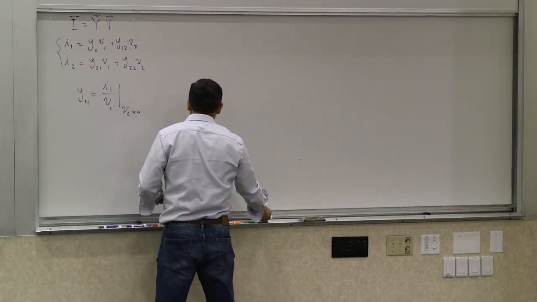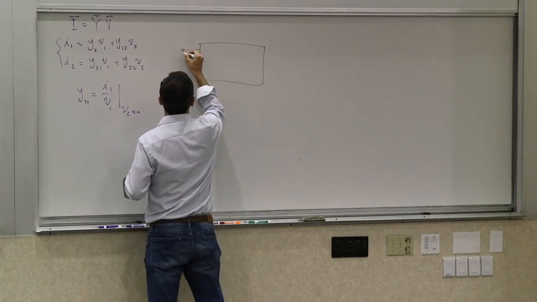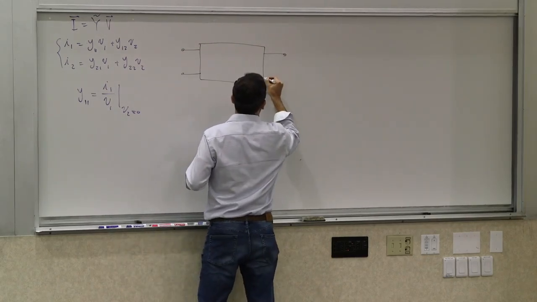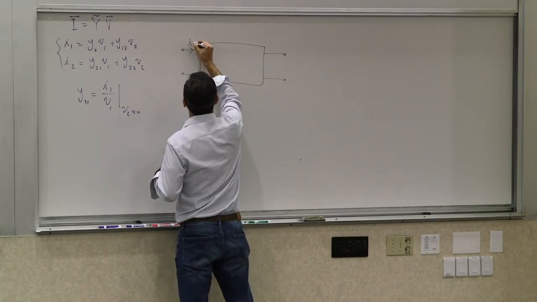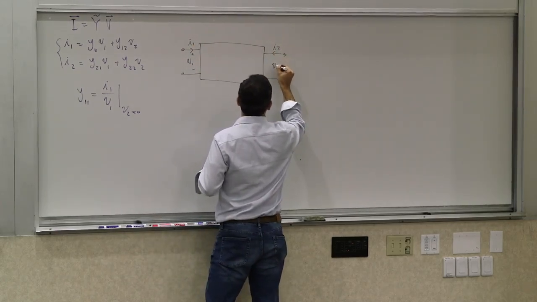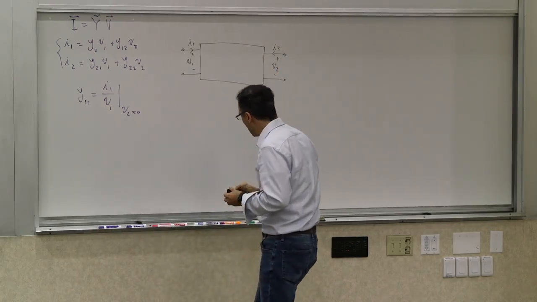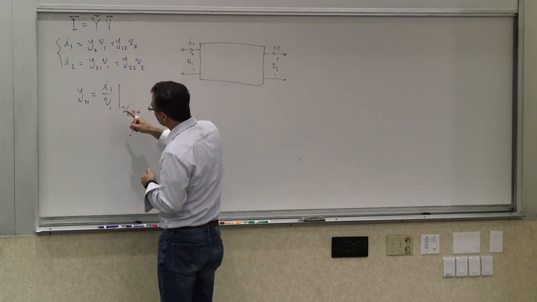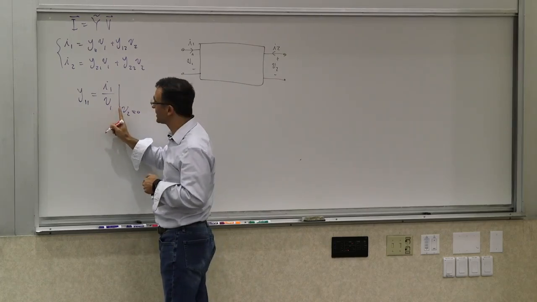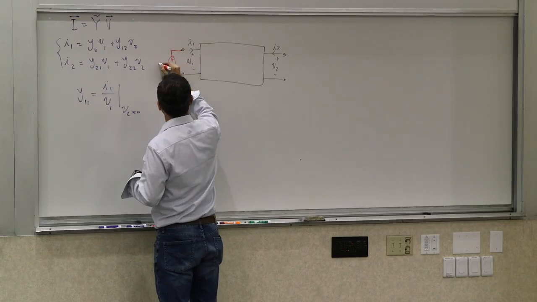Let's look at the two-port again. So this is I1, V1 and I2, V2, right? And this is our two-port. So this time we are applying the stimulus, which is always in the denominator, a voltage source of V1.